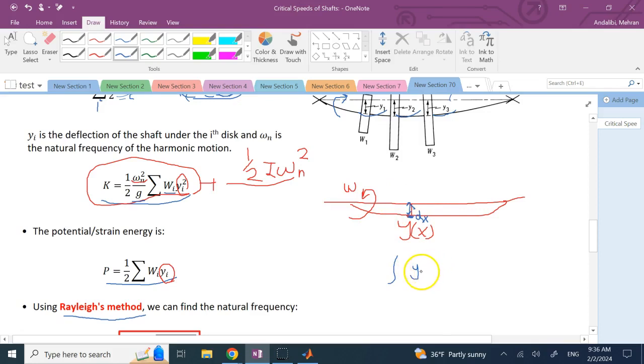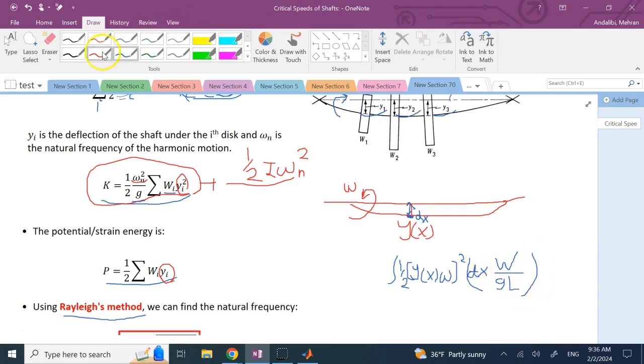And this y, remember, is y of x, times omega, this whole thing is squared, times 1/2, and then the mass of that element, which is going to be dx times mass per length, which if you assume it's uniform, can be the total mass m divided by L, or W divided by g, which is mass, divided by L. So this is the mass of that element.